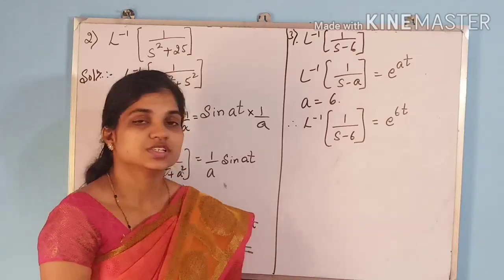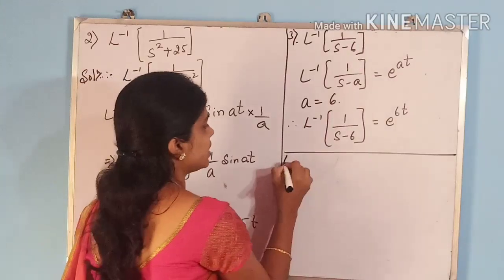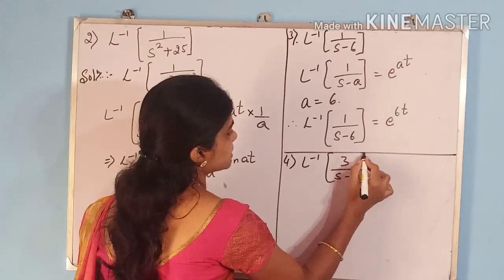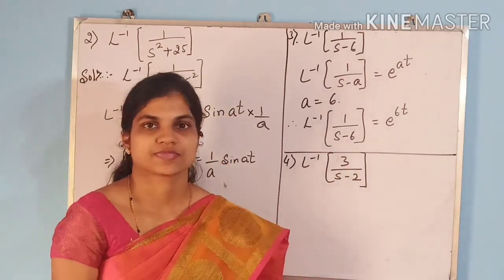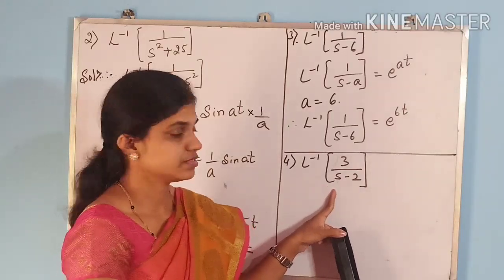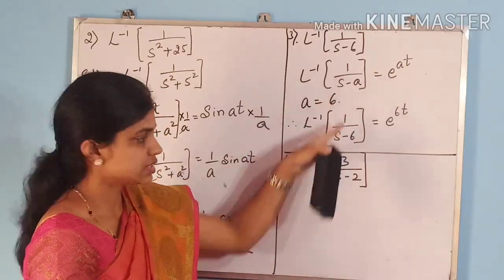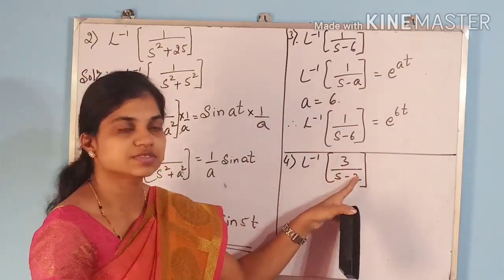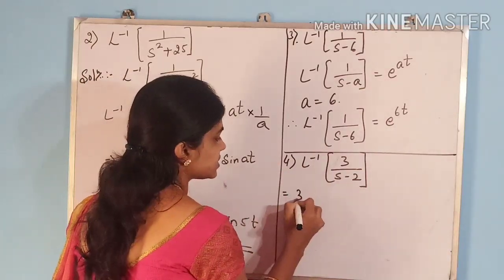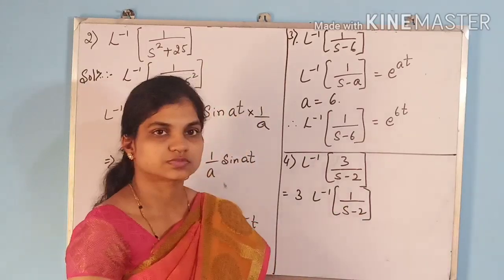Yes. Let's move on to the fourth problem. Laplace inverse of 3 by s minus 2. Now if you again observe, what we have here is similar to this, but we have this extra term, 3. Since it's a constant, I can just take it out and say 3 times Laplace inverse of 1 by s minus 2.